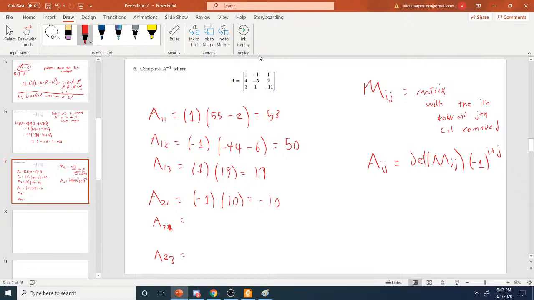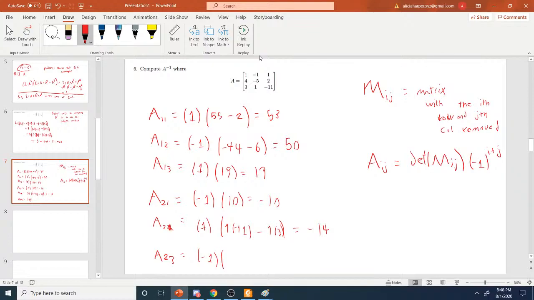For A22, I omit the second row and the second column, and I'm going to have a +1 outside. So 1 times -11 minus 1 times 3. So this just ends up being equal to -14. And then I'm going to have a -1 on the outside.